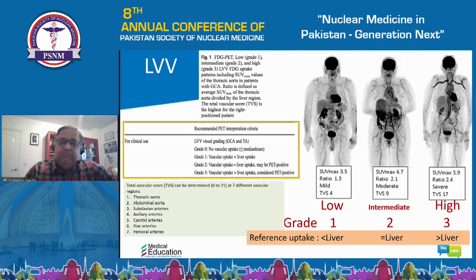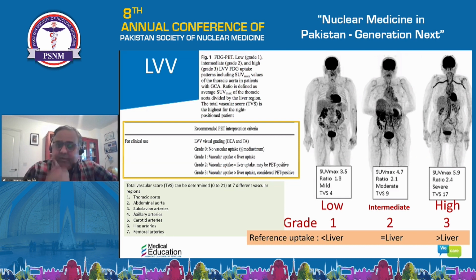Next slide, please. Now, this is the pattern key which has been provided. We are familiar with Deauville criteria for lymphoma. It always helps. And in this, you can see that, of course, the reference uptake is in the liver. Grade 0 is no uptake. Grade 1 is when it is higher than the mediastinum, but lower than the liver. Grade 2 is equal to the liver, and grade 3 is significantly higher than the liver. You can see in the top images that this is low grade, this is medium grade, and this high grade uptake is quite avid.